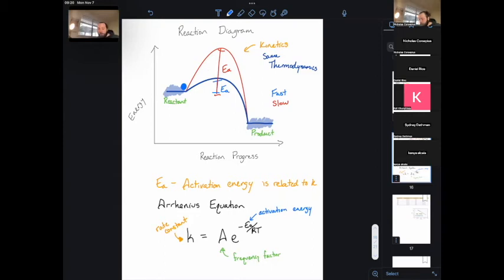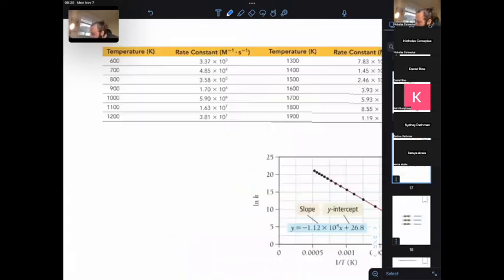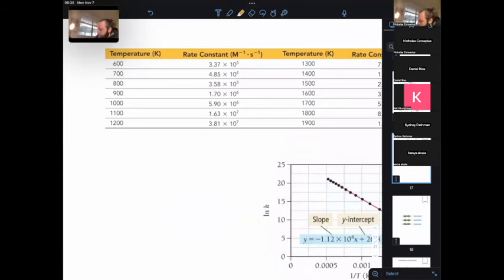Again, we're just going to look at some data here. Before, we talked about analyzing initial rate data in order to get the order of a reaction as well as that rate constant K. So we do that initial rate analysis to get the value of K, but then we do the same process at many different temperatures.